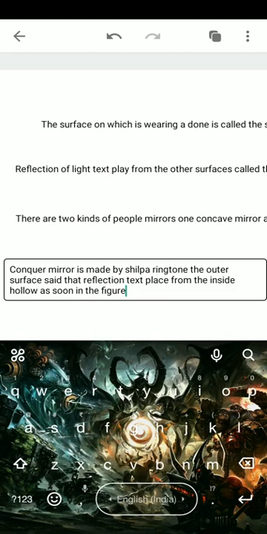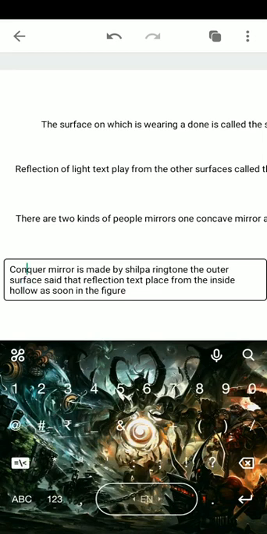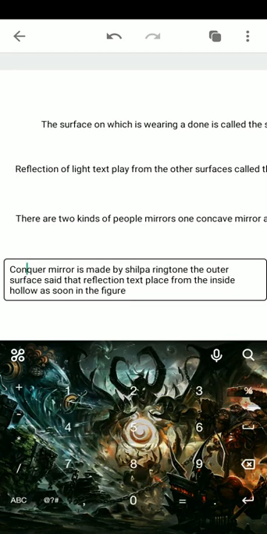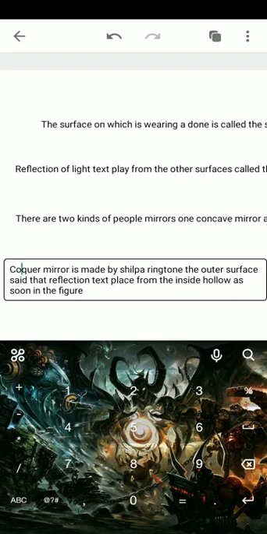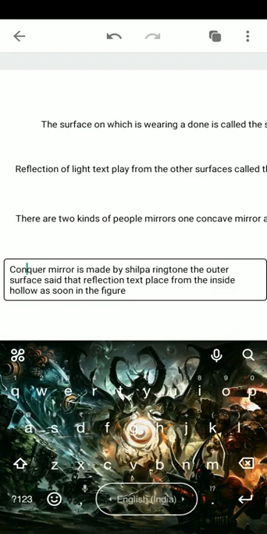I think it's not taking properly, so let me just write it. Concave mirror.